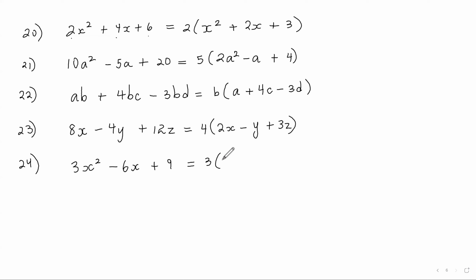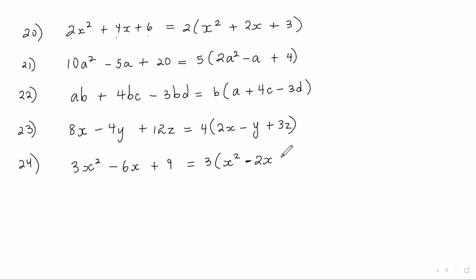Miss, I don't understand. Well, 3 times x squared will give you 3x squared. Because remember, you're saying 3x squared divided by 3 to give you x squared. And then you look at 6x. How many times can 3 go into 6x? Twice, so 2x, because 3 times minus 2x will give you minus 6x.